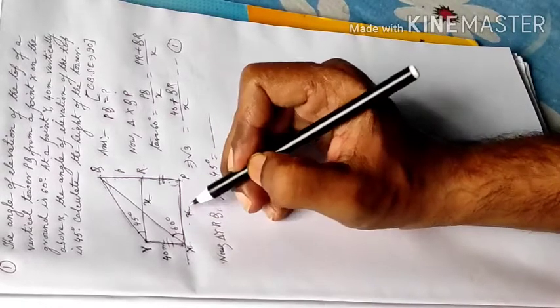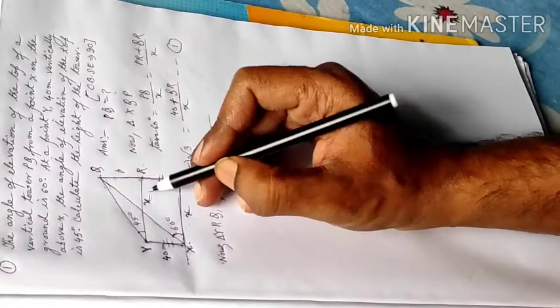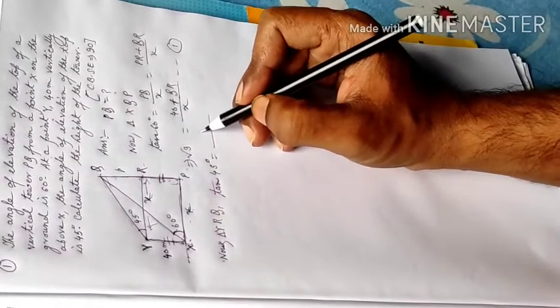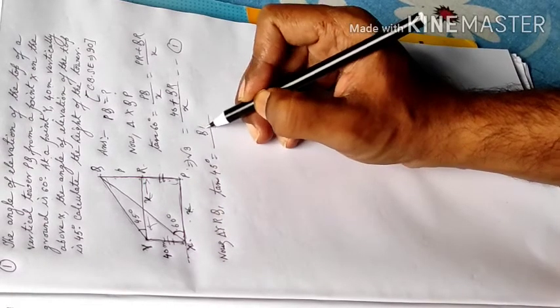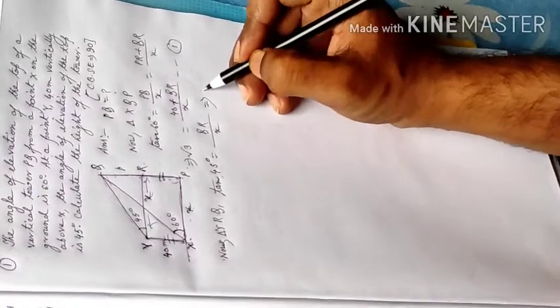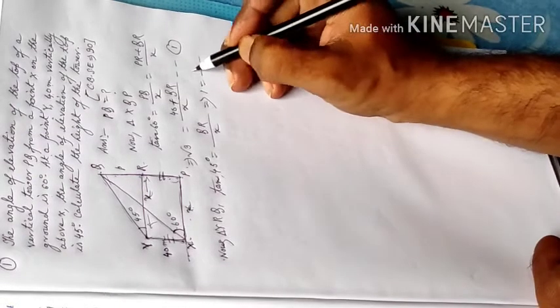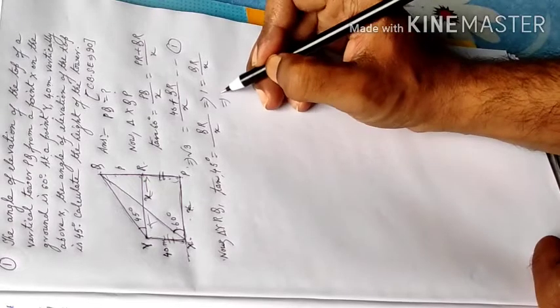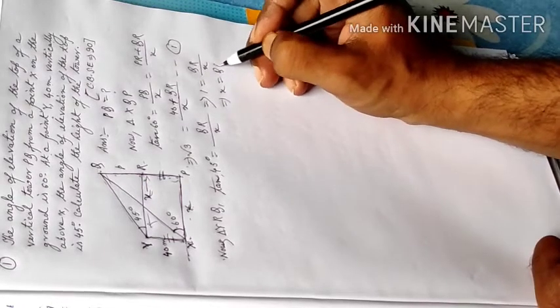If XP is x, this will also be x. So tan 45, which is 1, is equal to QR by x, or x is equal to QR.